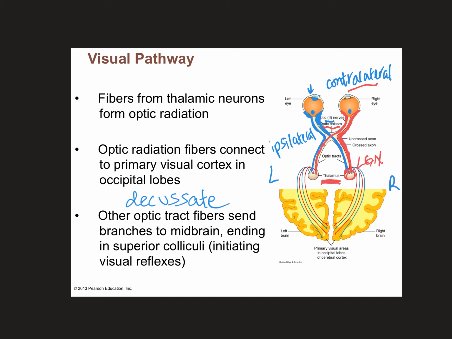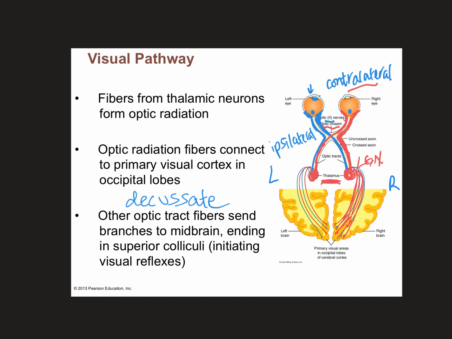So once it makes its first stop at the LGN of the thalamus, it now comes out as many thicker nerve tracts, and those big tracts are called the optic radiations.